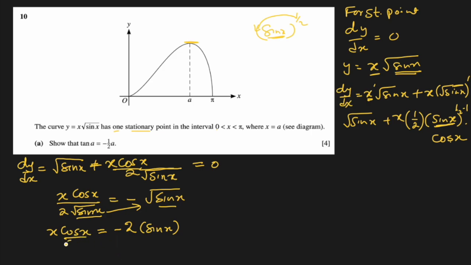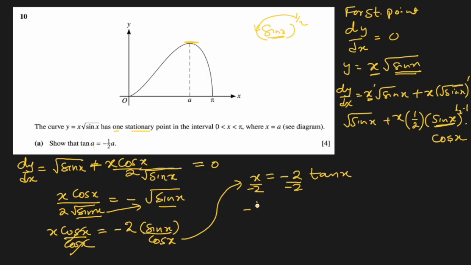Now let's get rid of this cos x so that this becomes tan x. So x is equal to minus 2 tan x. Is it matching with what we want? Tan a is minus, so that means this minus 2 has to go to the other side.